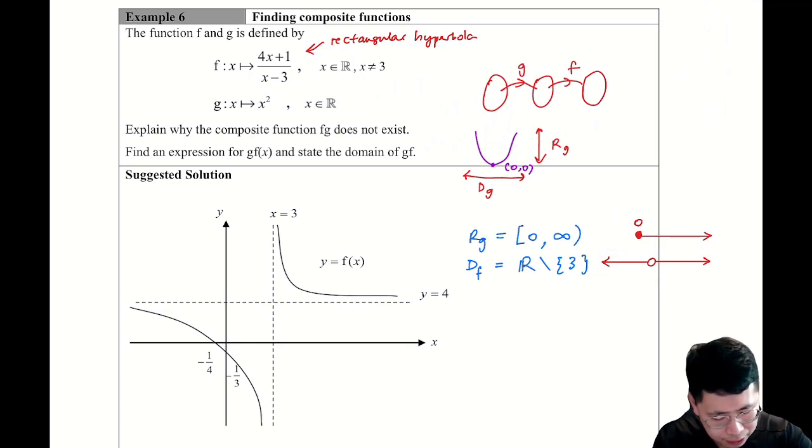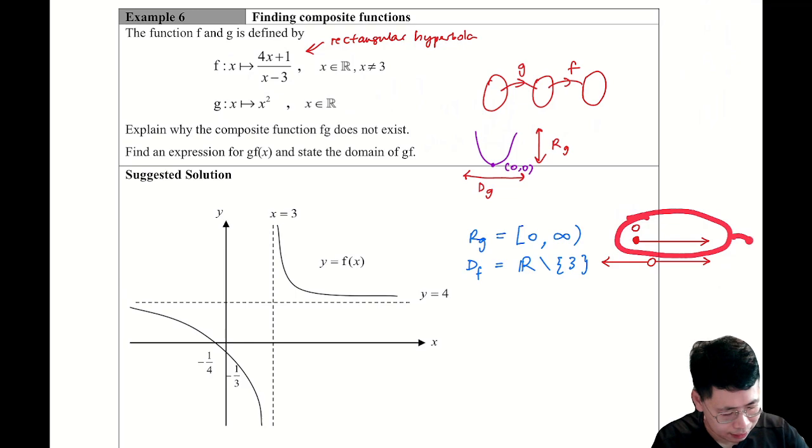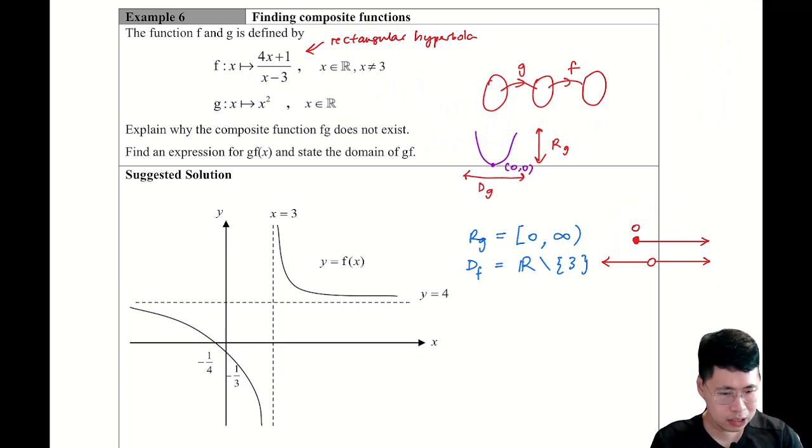As you can see, if we try to fit this into this set over here, we cannot, because there would not be an image for x equals 3. They cannot take the input at x equals 3 for function f. Because of this, the first set cannot fit into the second set, or the first set is not a complete subset of the second set.